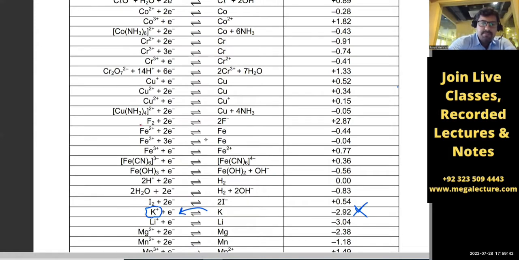I've got Fe2+ over here. This Fe2+ can gain 2 electrons. That's one equation. Then I've got another equation for Fe2+, which is another possibility that can happen.